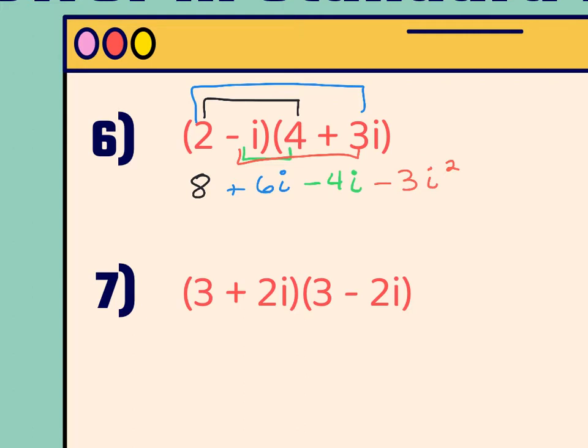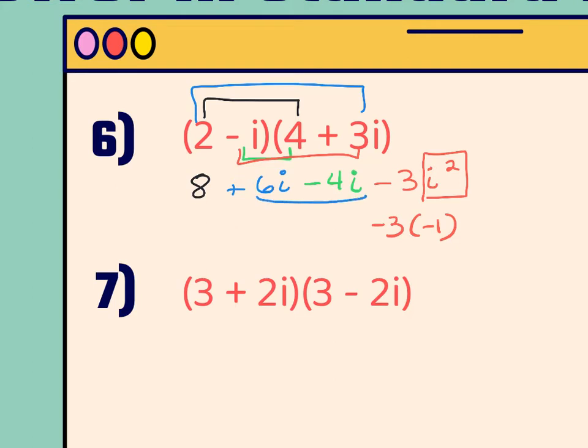Now, if you remember on that very first slide, it told you that every time you ended up with an i squared in your problem, you needed to replace it with a -1. So on the red part, I'm going to take out i squared, and in its place, I'm putting -1. I can also add my outer and inner, just like normal when you FOIL.